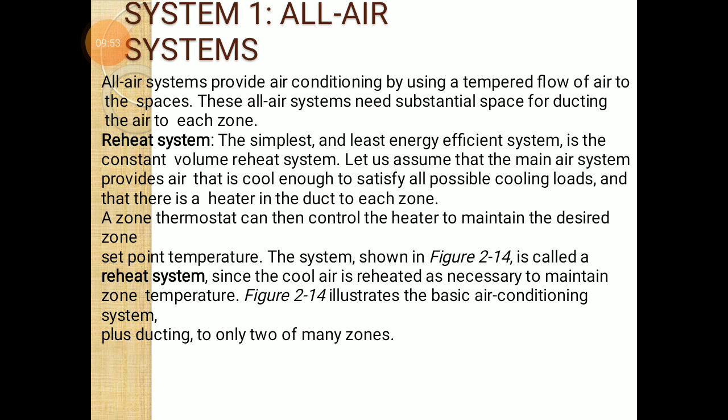Here we have to assume that the main air system provides air that is cool enough to satisfy all possible cooling loads, and that there is a heater in the duct to each zone. A zone thermostat can then control the heater to maintain the desired zone temperature.